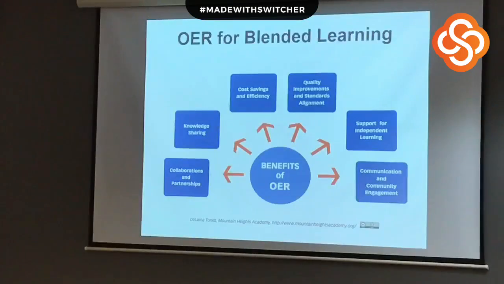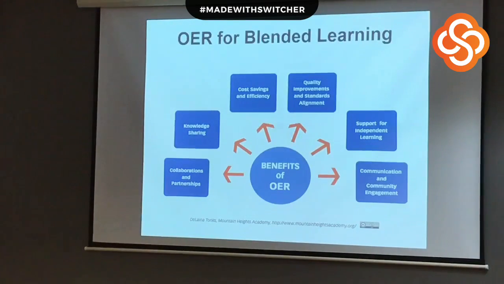And we can use OER for blended learning. And now, pretty well everywhere, blended learning is becoming the norm. In Canada now, there are no traditional classes that don't have some kind of internet, either minimal or maximum, but they're on the internet in some way, they're blended.